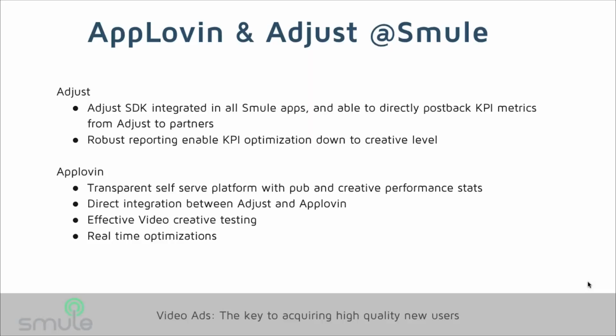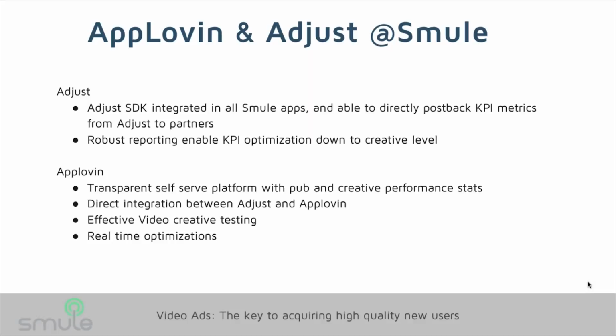And with partners like Applovin, it's really the only partner that we've seen with ad networks that can really give us a transparent self-serve platform with pub and creative performance stats in real time.